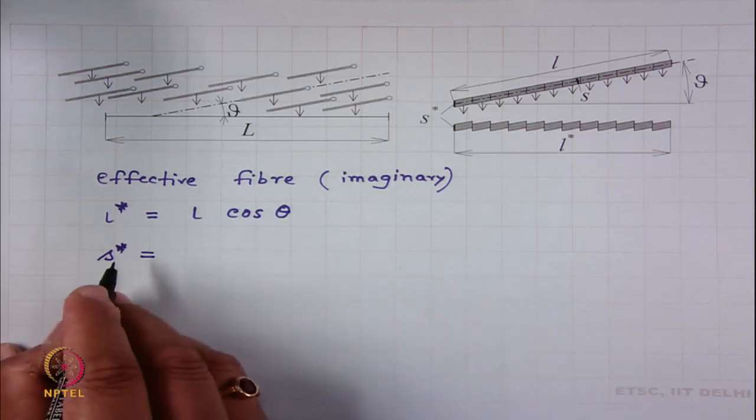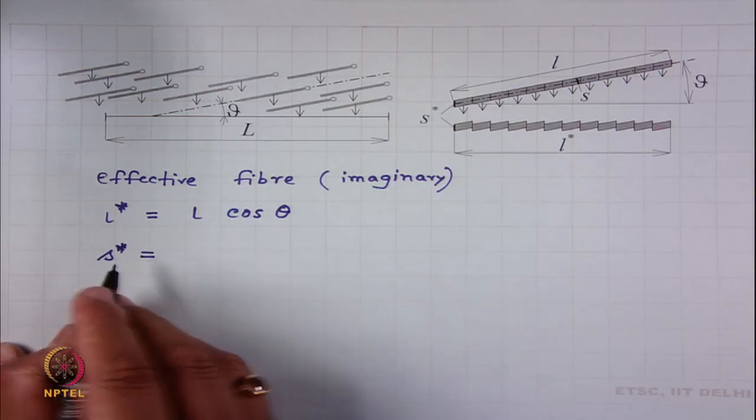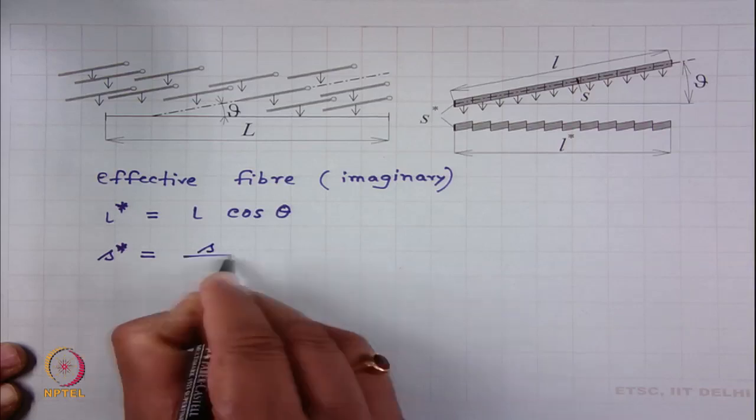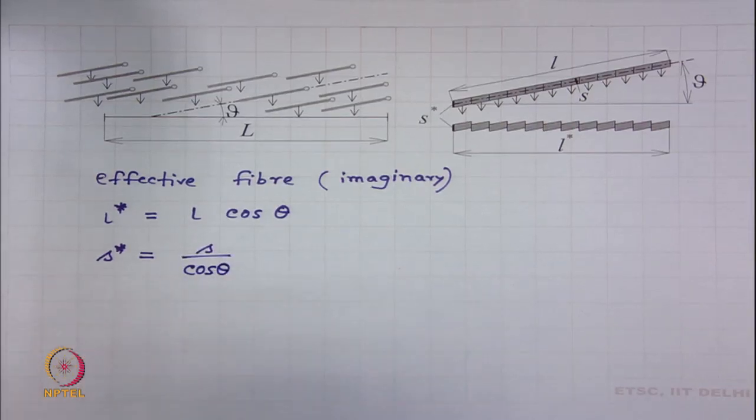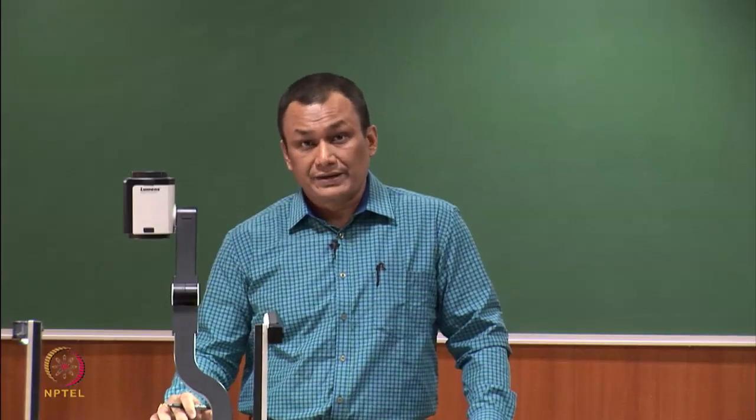We refer to our module 1 where we defined and derived this relation. What is the relation between cross sectional area of a fiber and sectional area of a fiber which is inclined at an angle theta? So, this relationship we derived in module 1.